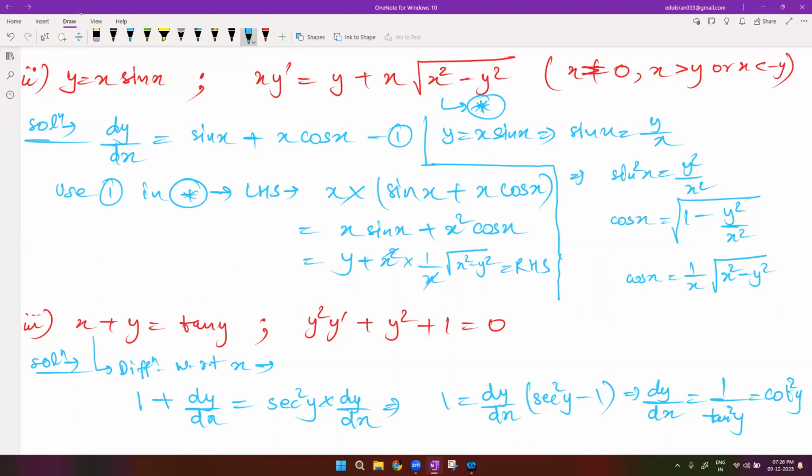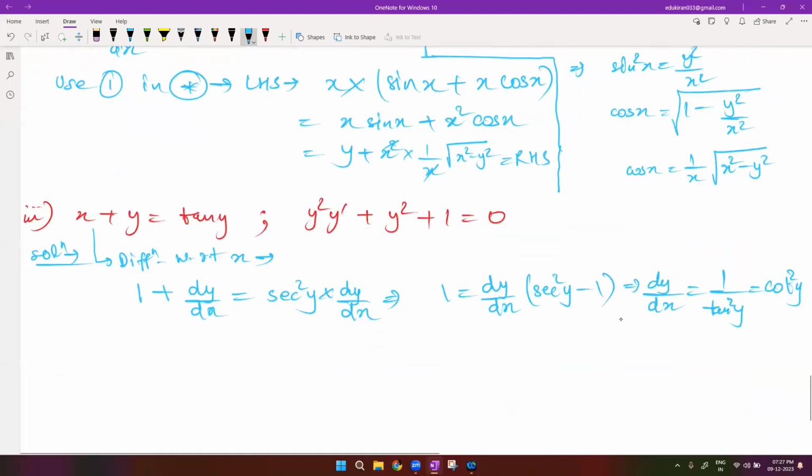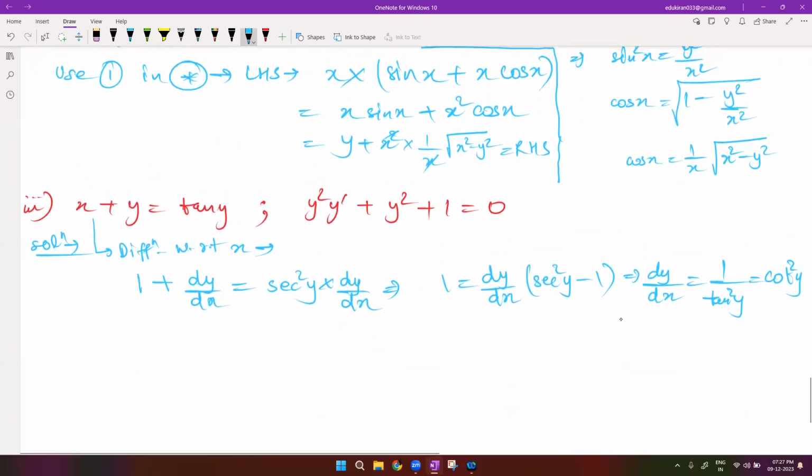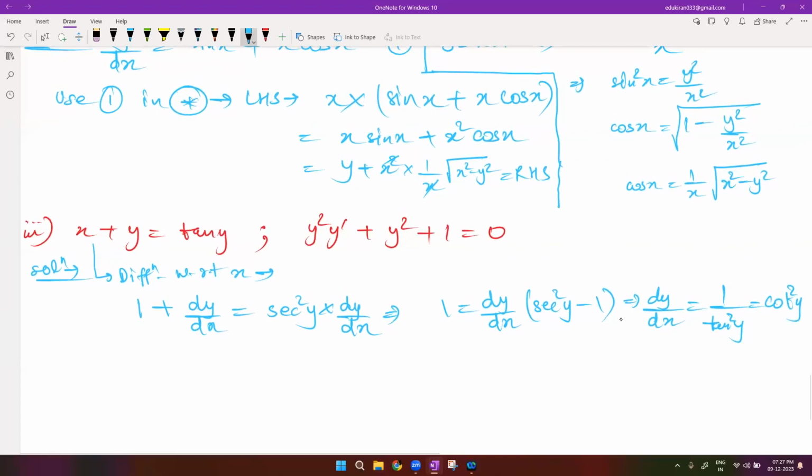Right? Now the problem is you don't have y. If you observe, in this case, you won't be able to find out the value of y here.